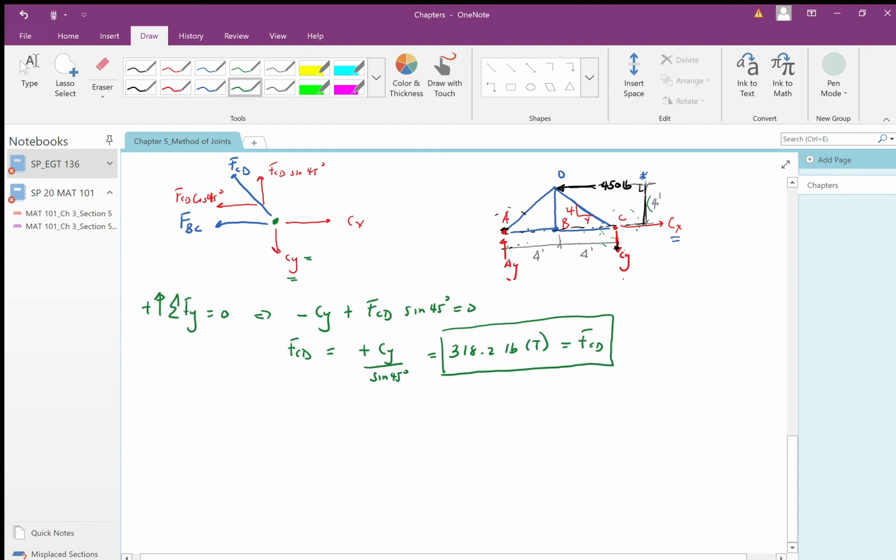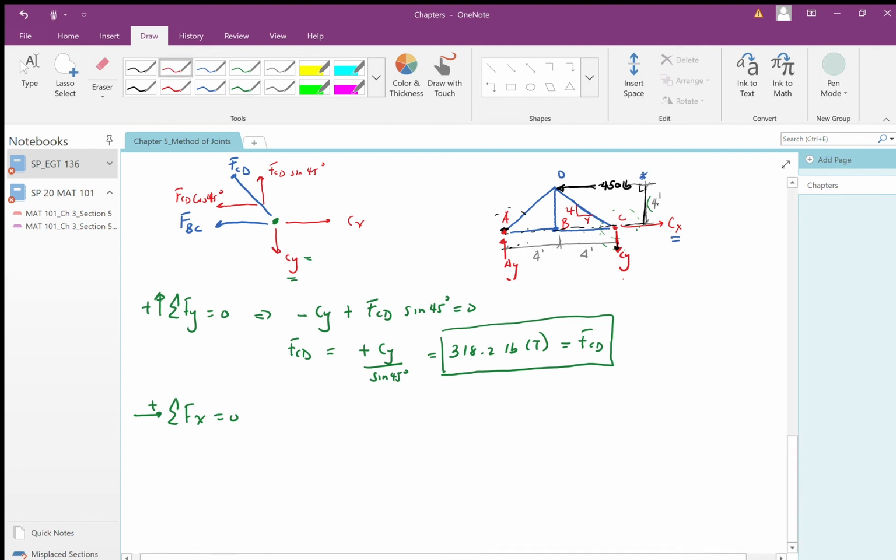Okay. Now, I'm going to do the sum of the forces in the x direction equals 0. When I do that, I'm going to look at all the forces in the x direction.